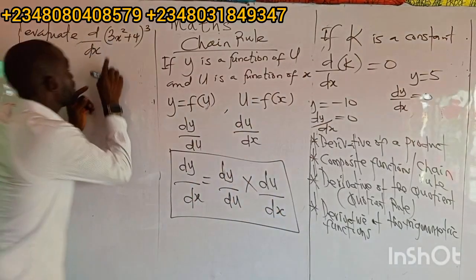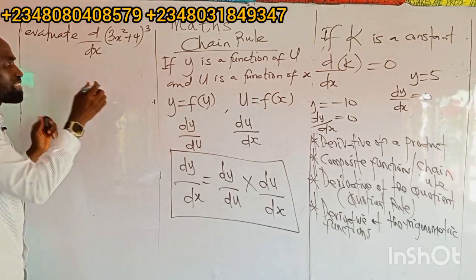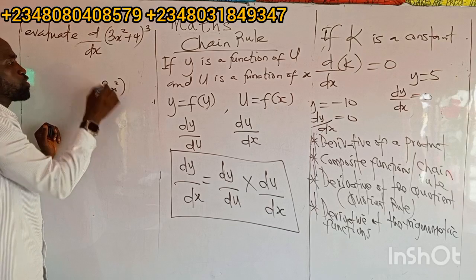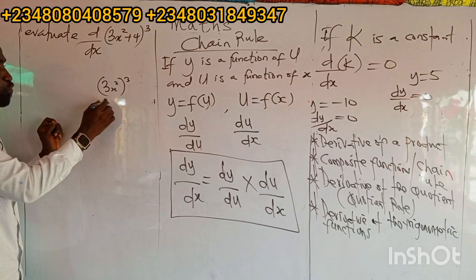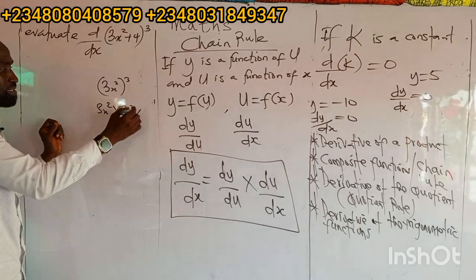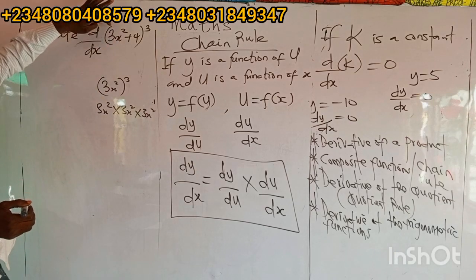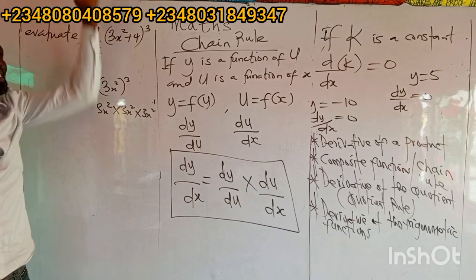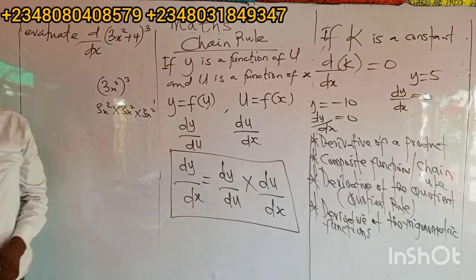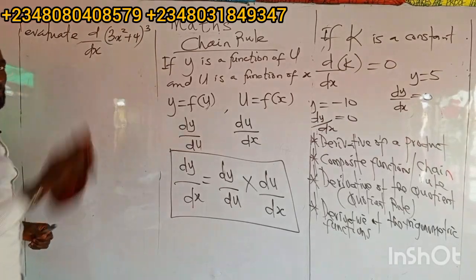Look at this one: 3x squared plus 4 is a function on its own. But if it were 3x squared raised to power 3, this is not a function of function, because this means 3x squared times 3x squared times 3x squared. Here I have 3x squared plus 4 inside the bracket, and another bracket outside that carries the power 3.